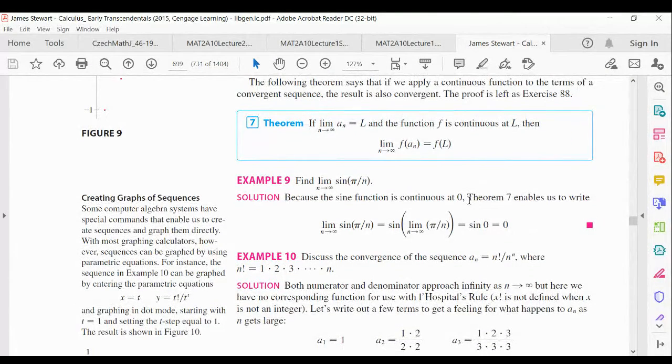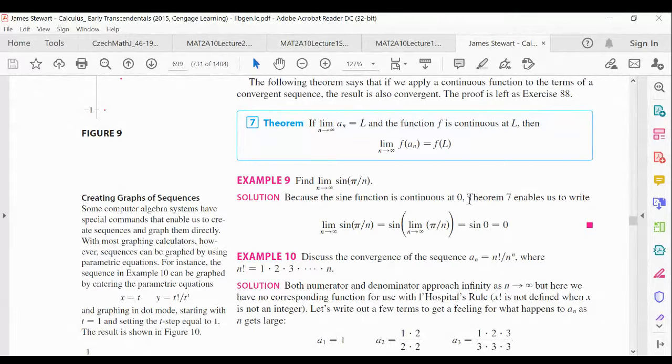There's the theorem. Theorem 7 says, if the limit as n goes to infinity of a n is L, and the function f is continuous at L, then the limit as n goes to infinity of f of a n is f of L. I mentioned this in the lecture. Look at the L inside the bracket of the f on the right-hand side.